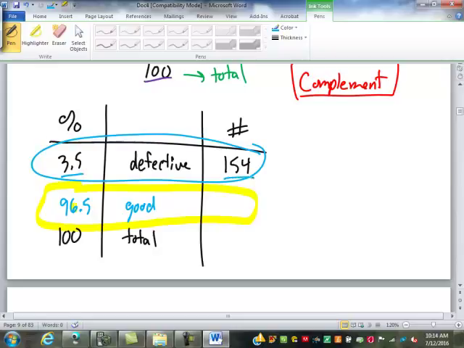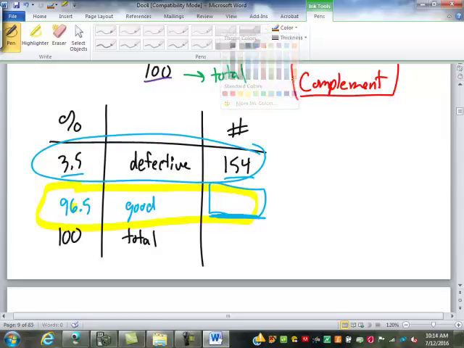So I have to use that line because I have both numbers. The second line that I use, and I can use either of the other 2 lines for my second line, but it's quickest if the second line that I use is the one that contains what I'm looking for. And in this case, I am looking for the number of good parts. So the line that contains that is that blue line across there.